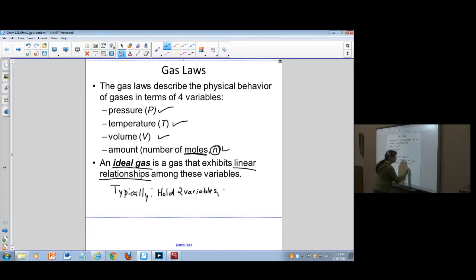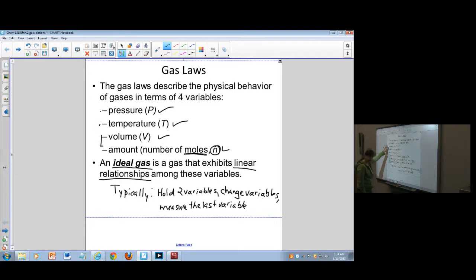You change one of the variables, for example the temperature, and you measure the last variable, or the one you're interested in. So you kept two constant, let's just say the volume and the amount. Then you, for example, change the temperature and you measure the pressure to see what happens when just the temperature is changed.